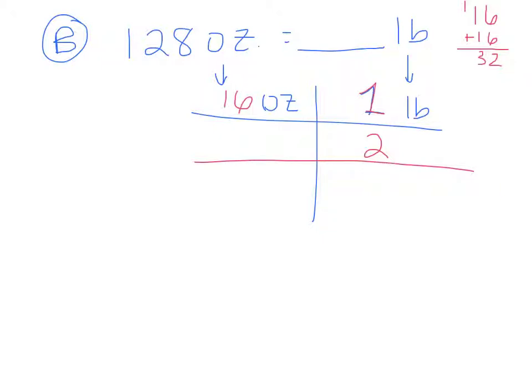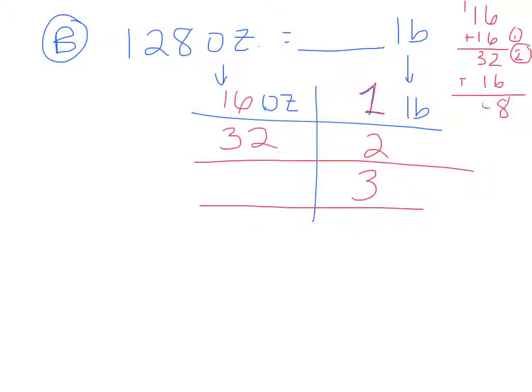So 16, that's 1 pound. 32, that's 2. So 32 ounces. If I go next, 3 pounds, I've got to add another 16. 6 plus 2 is 8. 3 plus 1 is 4. So 48 is 3 pounds.